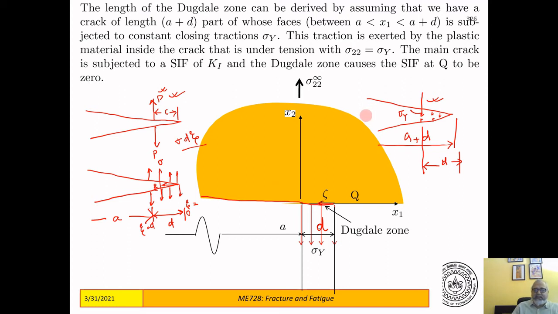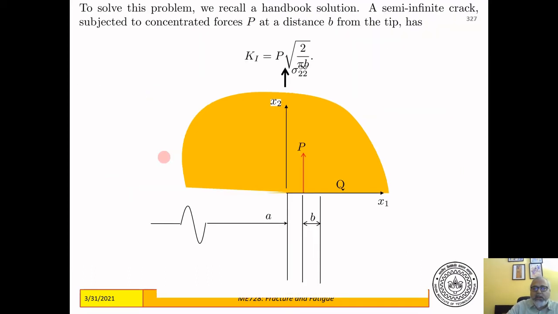That stress intensity factor has to be added to the stress intensity factor that is caused by the remote loads, and let that remote stress intensity factor be K1, which depends on the specimen, how the loads are applied, etc. But let's say it is K1, and the stress intensity factor due to this additional load will be added to this K1. So let us first find this.